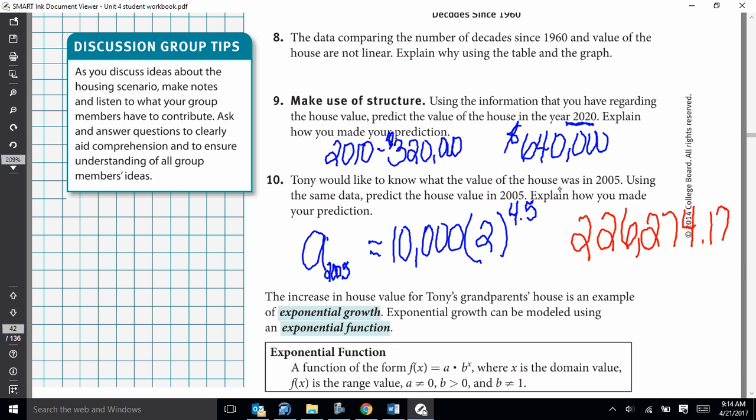Does it fit with the data that we have? So since we're starting at year 0, we take our exponent, so that 4.5 decades or 45 years since 1960, and the home value in 2005 was worth $226,274.017.